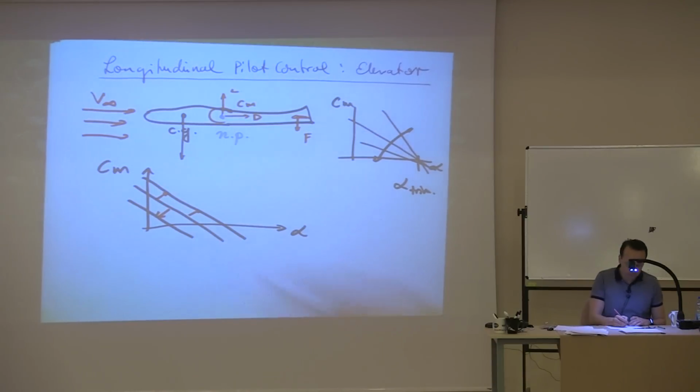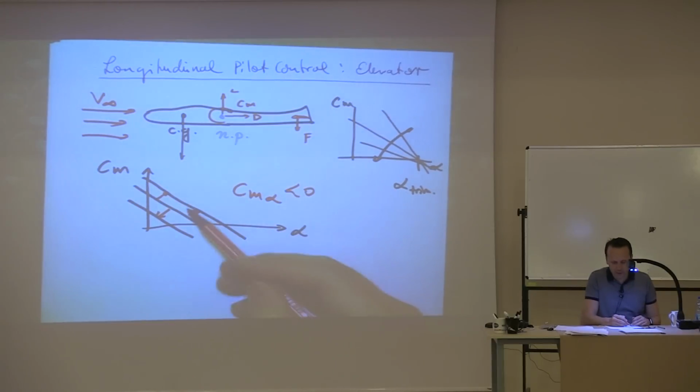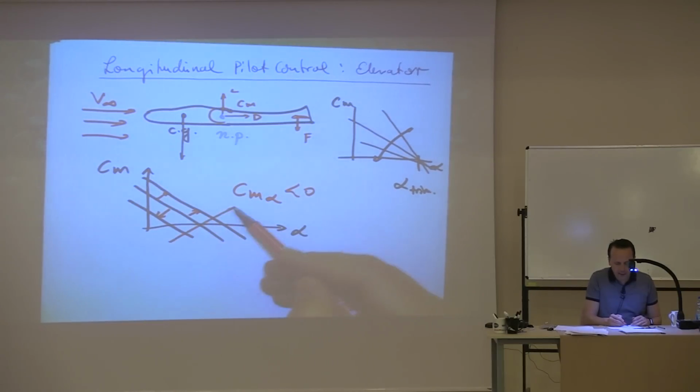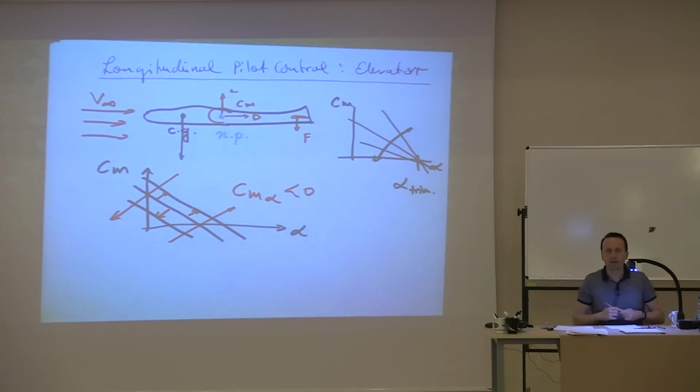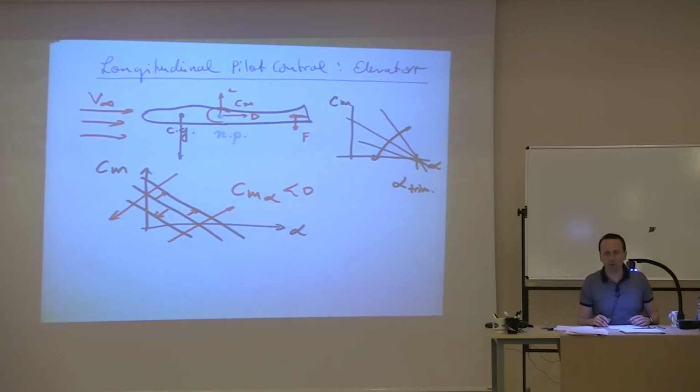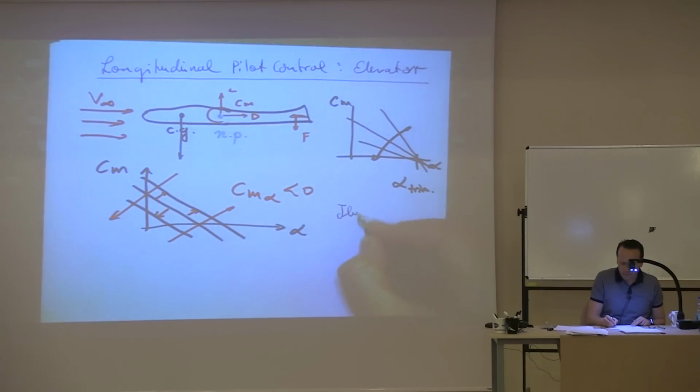Because if I can do this, then since Cm alpha will still be a constant number, less than 0 but the same for all of them because the slope is the same, the feel of the airplane would not change. The feel of the airplane, if you have a disturbance or how well it is flying, is called flying qualities or handling qualities. Let me write this down. Flying qualities and handling qualities.